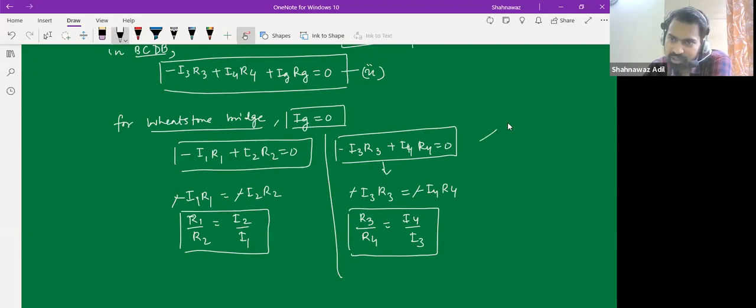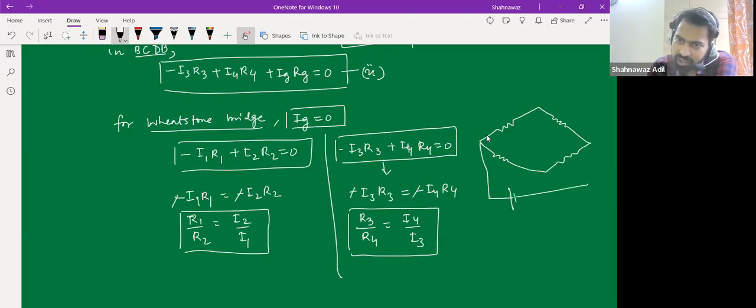Okay, so let me write the overall picture. The current in this circuit has become zero, so we can neglect that. This was I1, and this was I2. If current in this direction is zero, this is I1 again, so this is I3, and again this is I2.